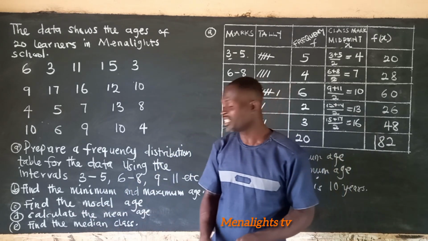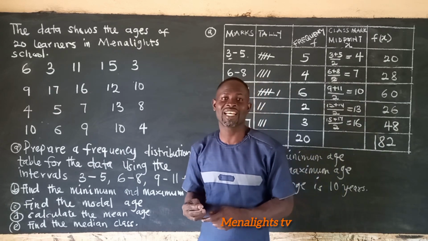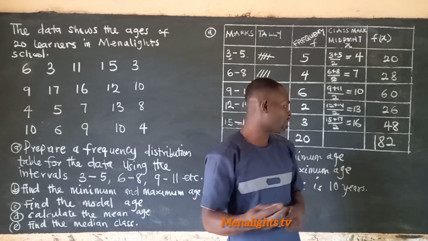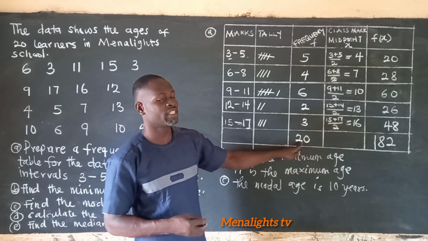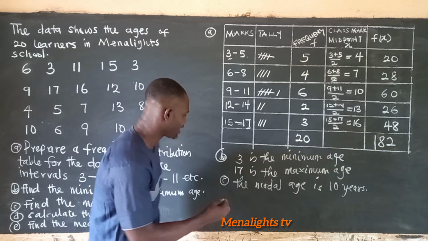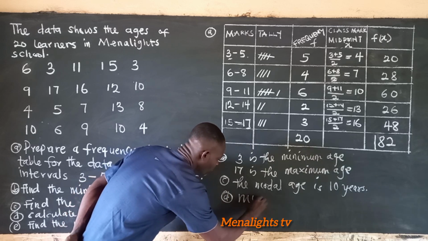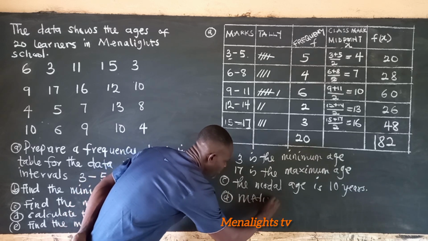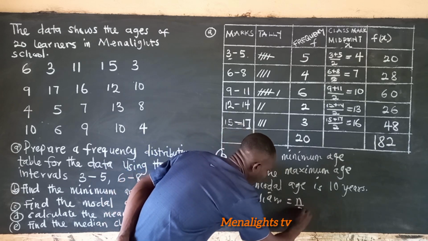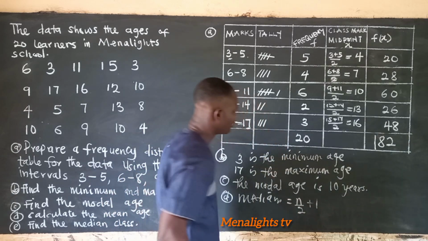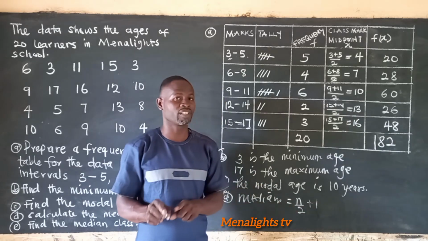Now before we come to the mean age, let's find the median class. So the median class is what we are going to look at now. So for us to find the median class, we need to take this 20 into consideration. So we have the n over 2 plus 1 position.